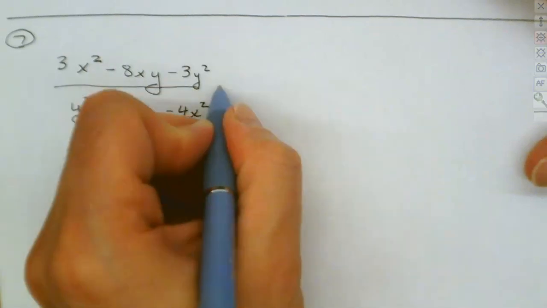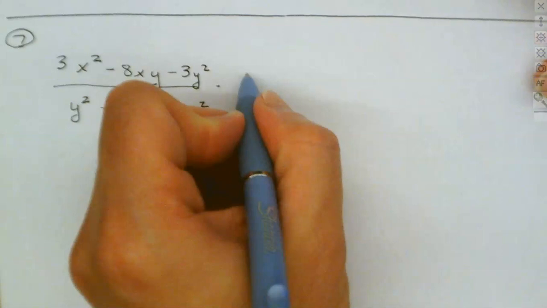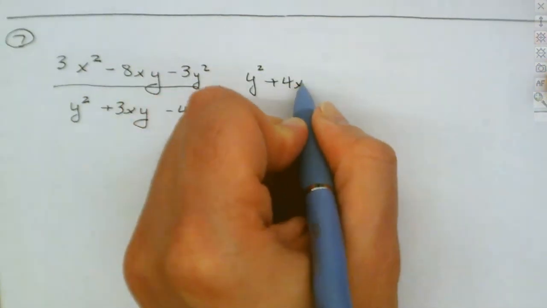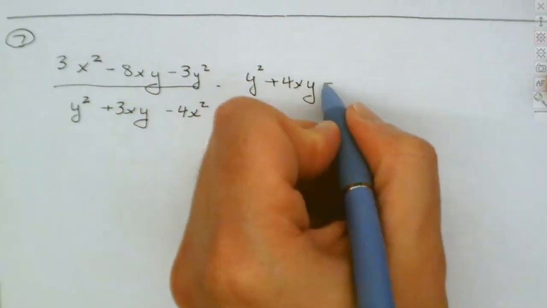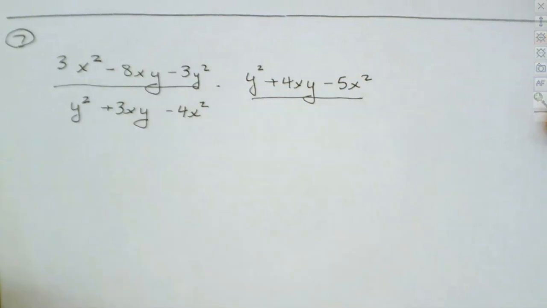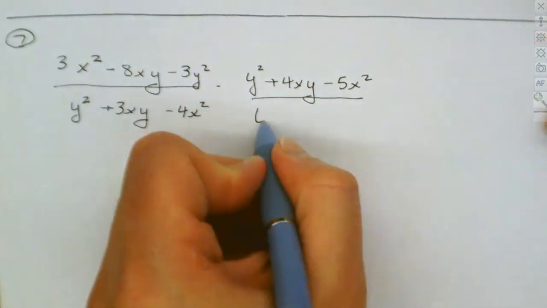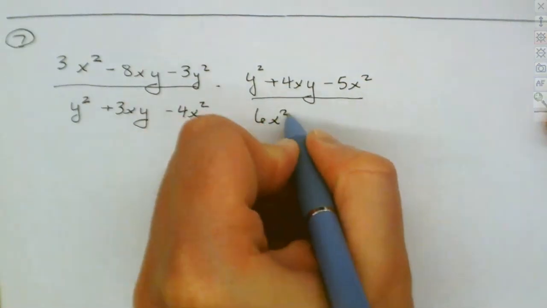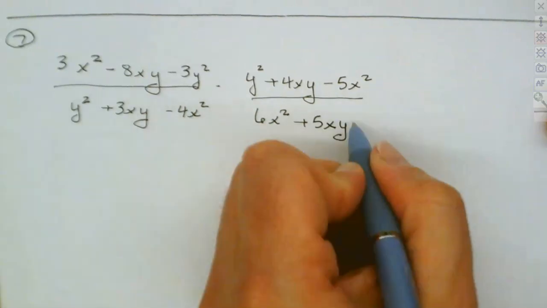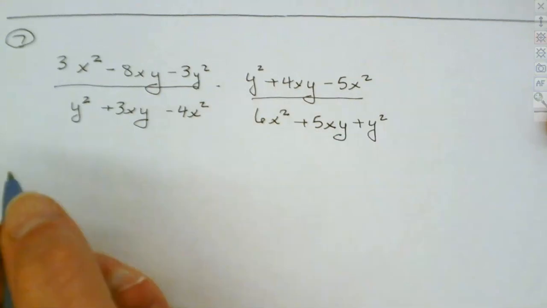And we're going to be multiplying that by y squared plus 4xy minus 5x squared over 6x squared plus 5xy plus y squared.